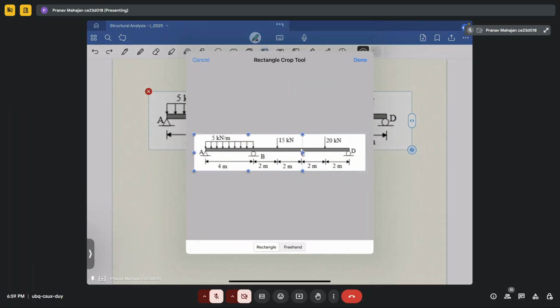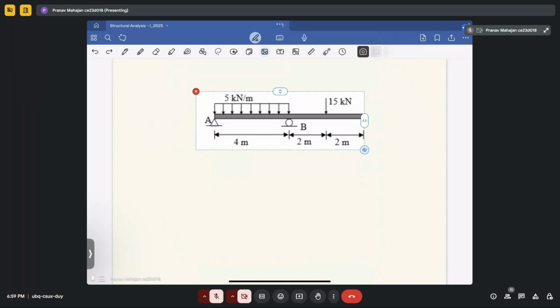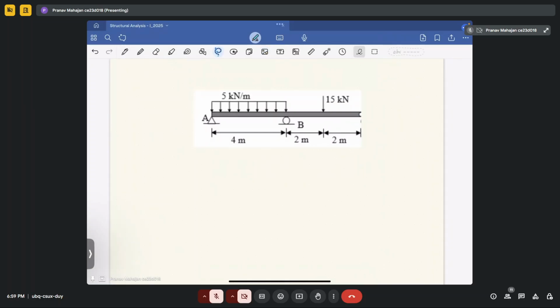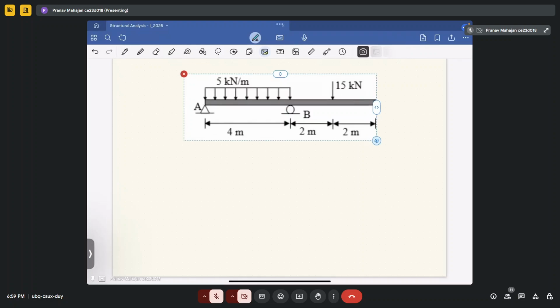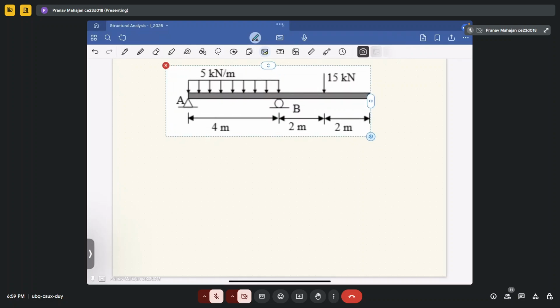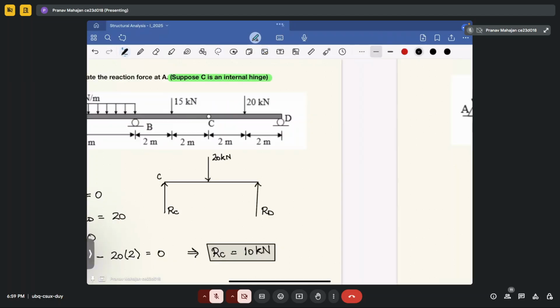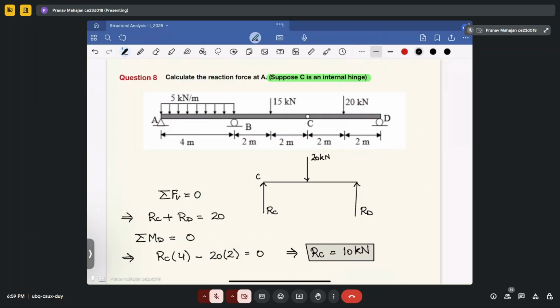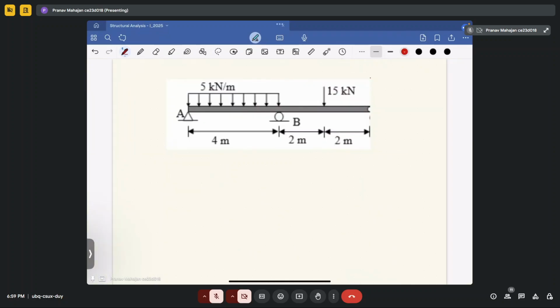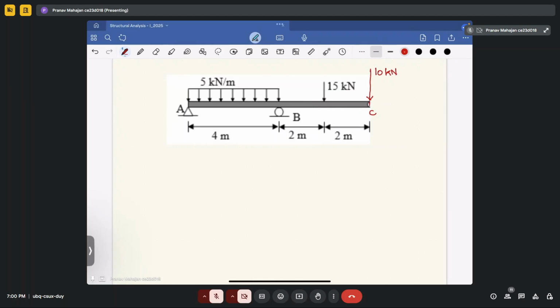Now what I will do, I will make it till point C. I have taken a shortcut; you have to draw the whole diagram. So now since RC is coming out to be upward, your RC will come here in the downward direction. It will be equal to 10 kilonewton. Fine. Now this is your whole section.